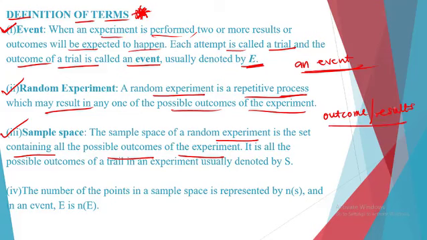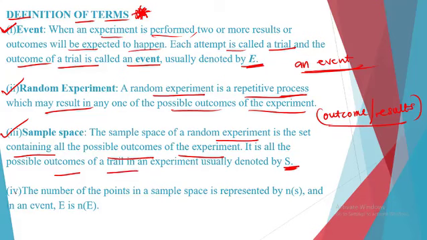Out of this set, there must be the real outcome. Now the set that contains all these outcomes or results is what we call the sample space. So we said it is all the possible outcomes of a trial in an experiment, and it's usually denoted by capital letter S.